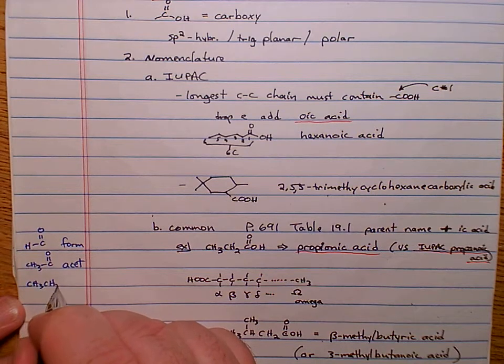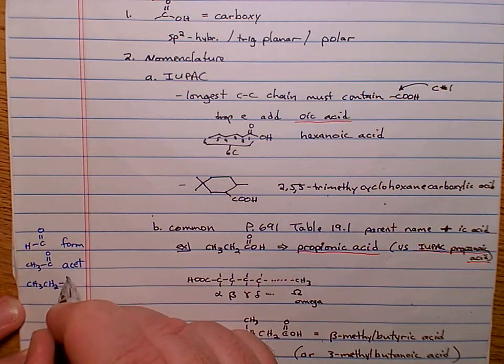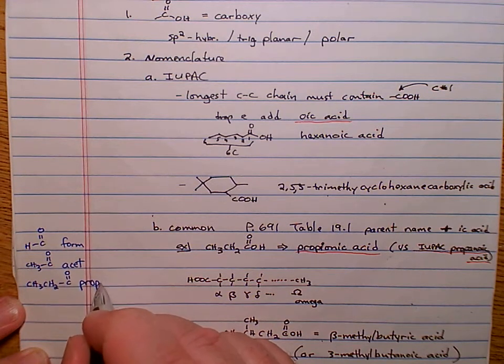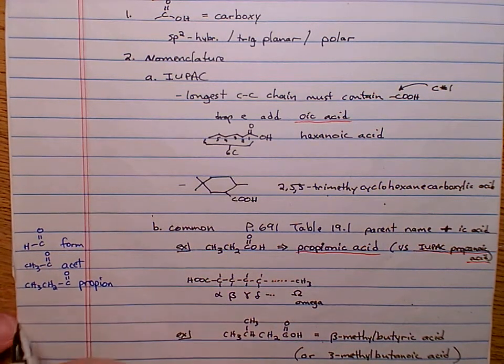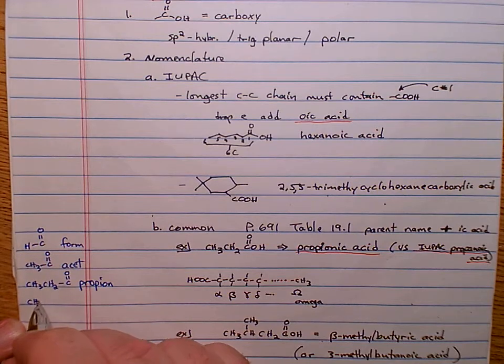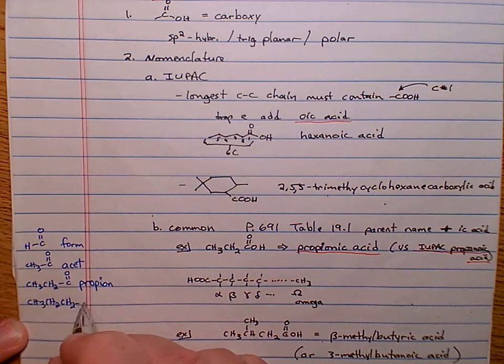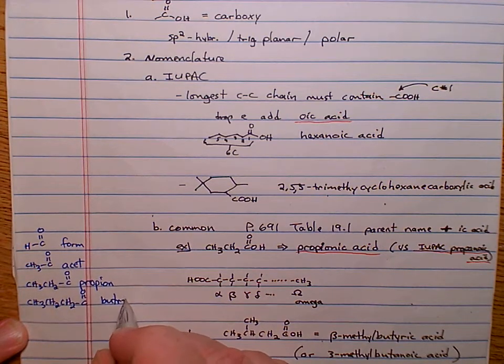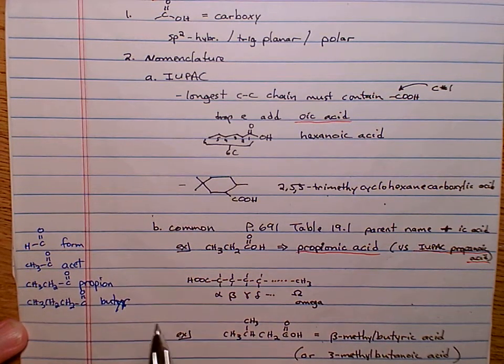CH3, CH2, C double bond O, as we just found, is propion. And CH3, CH2, CH2, C double bond O is the butyr group. B-U-T-Y-R.